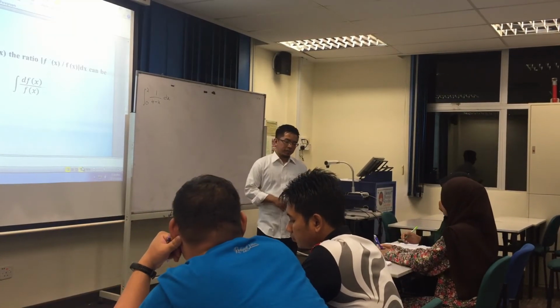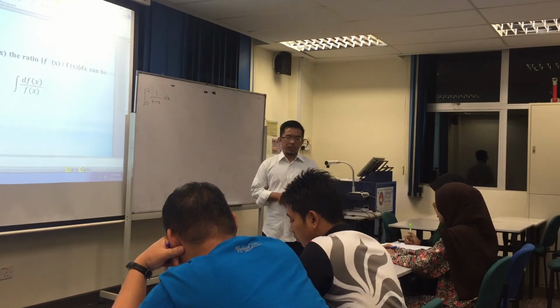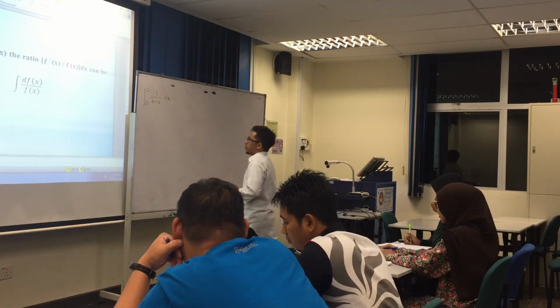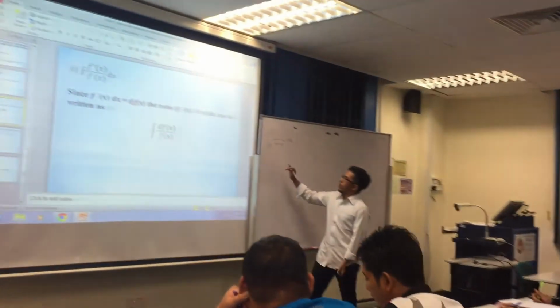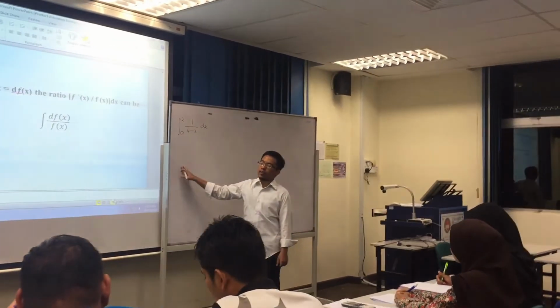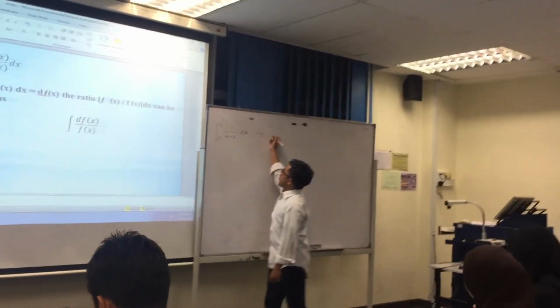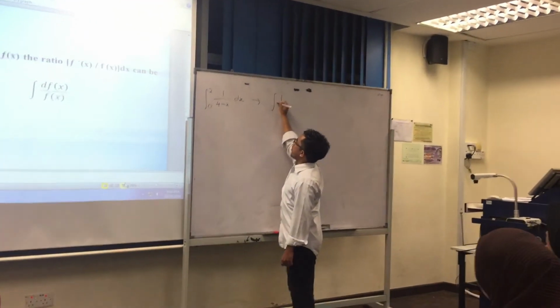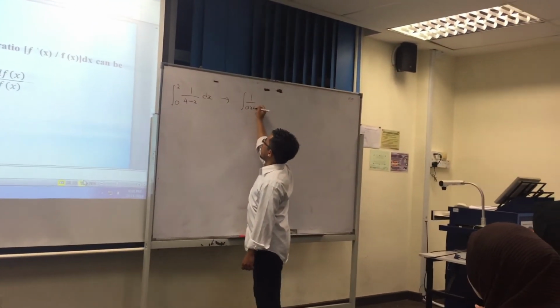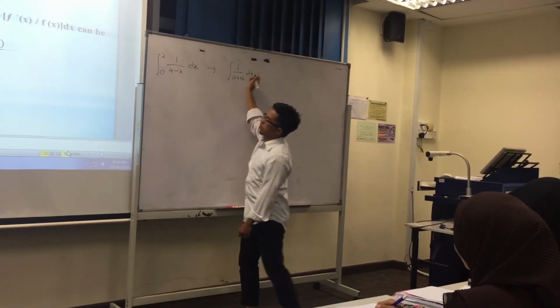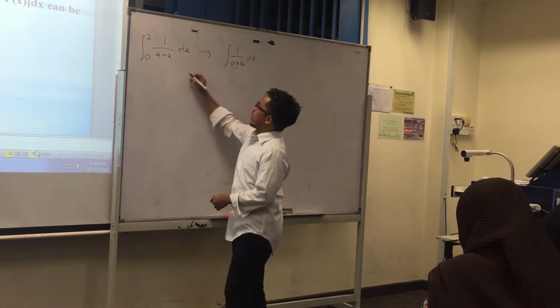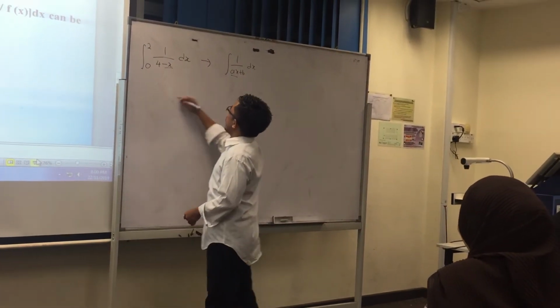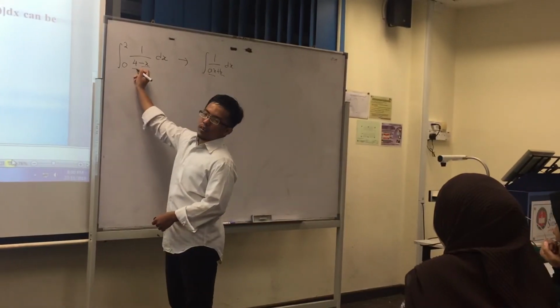Okay, time's up. So now we will be discussing about the first question of the quiz. This is the question, right? Yes. So you have 1 over 4 minus x. We just have to use the formula of 1 over ax plus b, where the a is negative 1x and the b is 4.